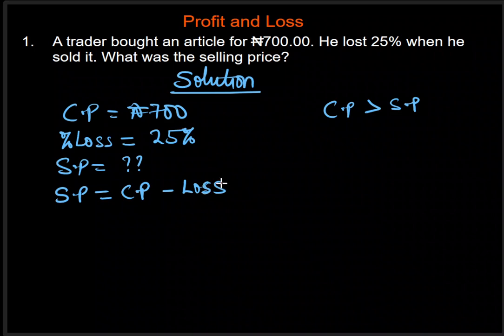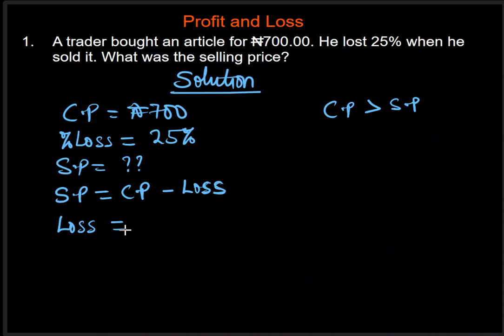Cost price minus loss will give us the selling price. So we need to find our loss. Remember what we have here is percentage loss, so we need to change percentage loss to loss. Let's see what that will give us.